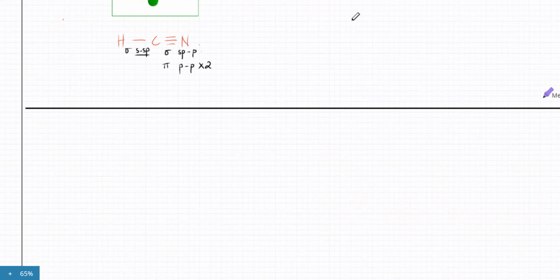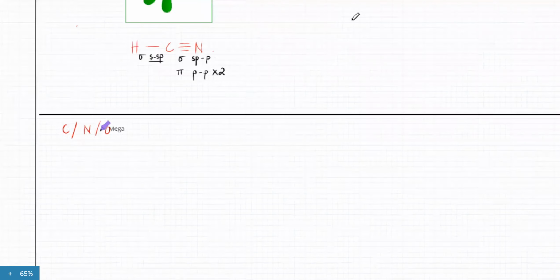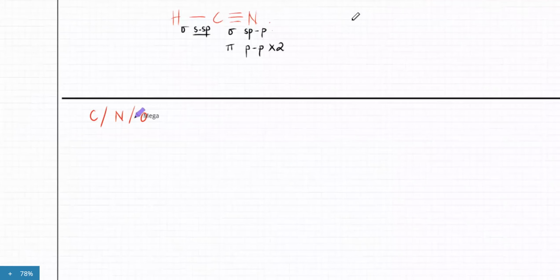Usually it's just carbon, you just stick to carbon. But they did ask you one question about Auxin and nitrogen as well. So remember this. If I extend it to carbon, nitrogen, and oxygen, I'm going to extend the hybridization to all of them.